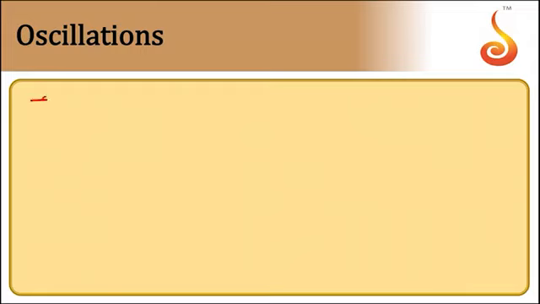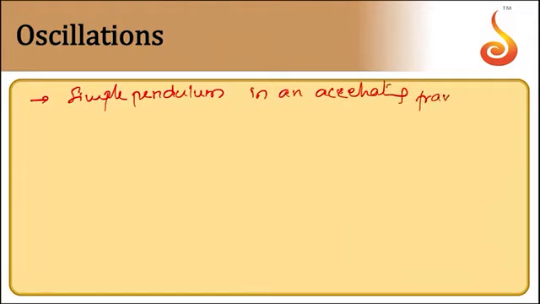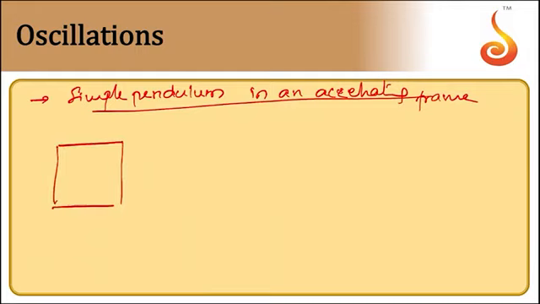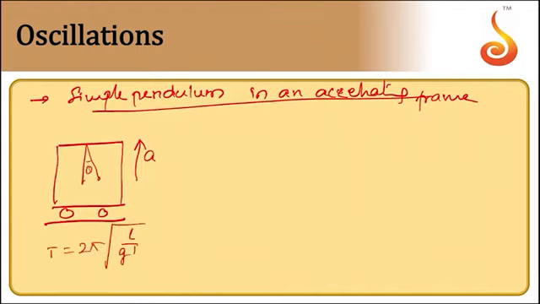Suppose we consider a simple pendulum in an accelerating frame. Let's assume that this entire system is accelerating up. First, let's consider accelerating up. Then, what is the period? The period is given by T is equal to 2 pi root L divided by g plus a.